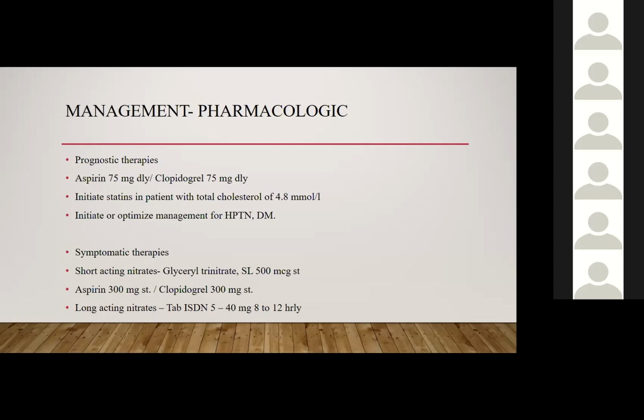Okay, so we put our patients on those things, and it helps your prognosis when you are managing your hypertensive or your diabetic cases. So this is usually not an emergency. This is what we do to prevent things from getting serious.